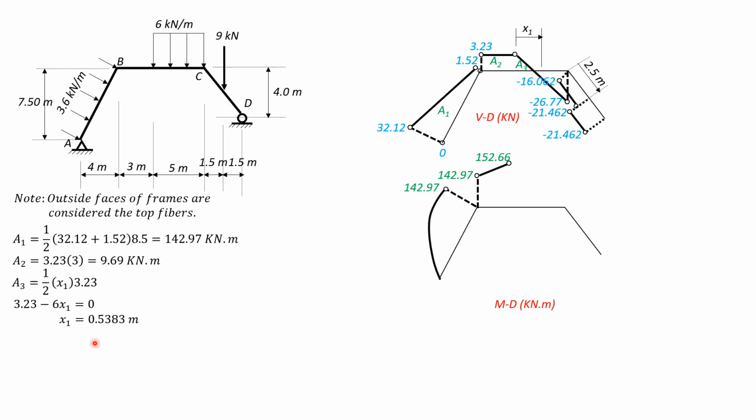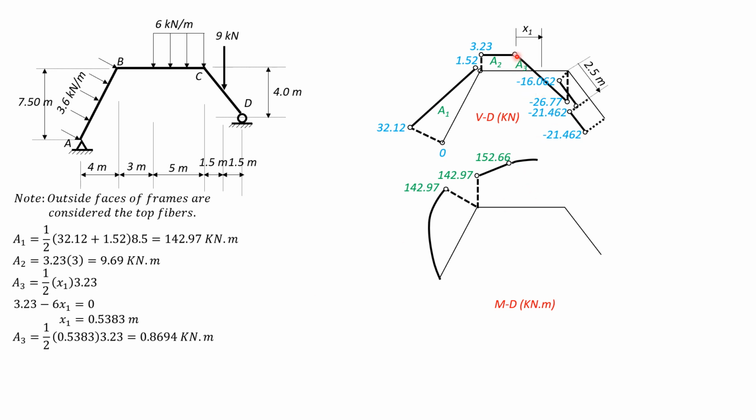So x1 equals 0.5383 meters. Then area 3 is 1/2 of 0.5383 times 3.23, so it is equal to 0.8694 kilonewton meter.